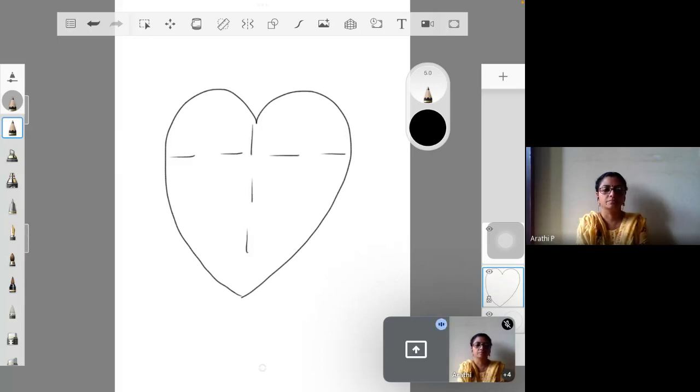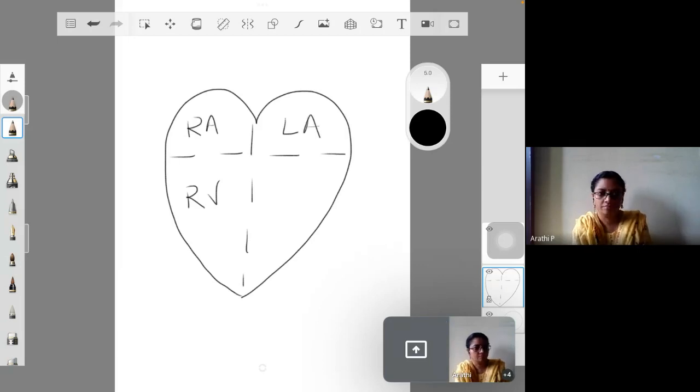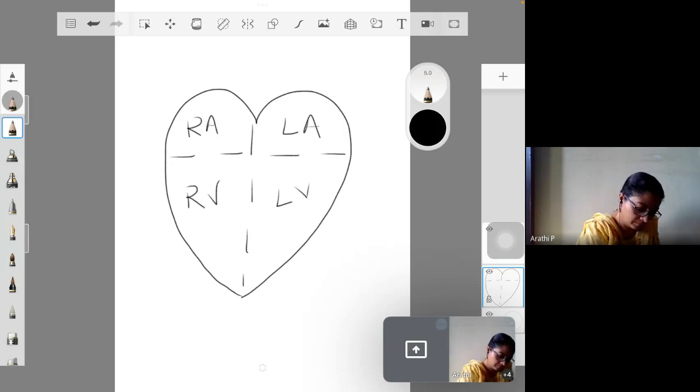What are they? Left atrium, right atrium, left ventricle, and right ventricle. Yeah. So, right atrium, right ventricle, left atrium, and left ventricle.